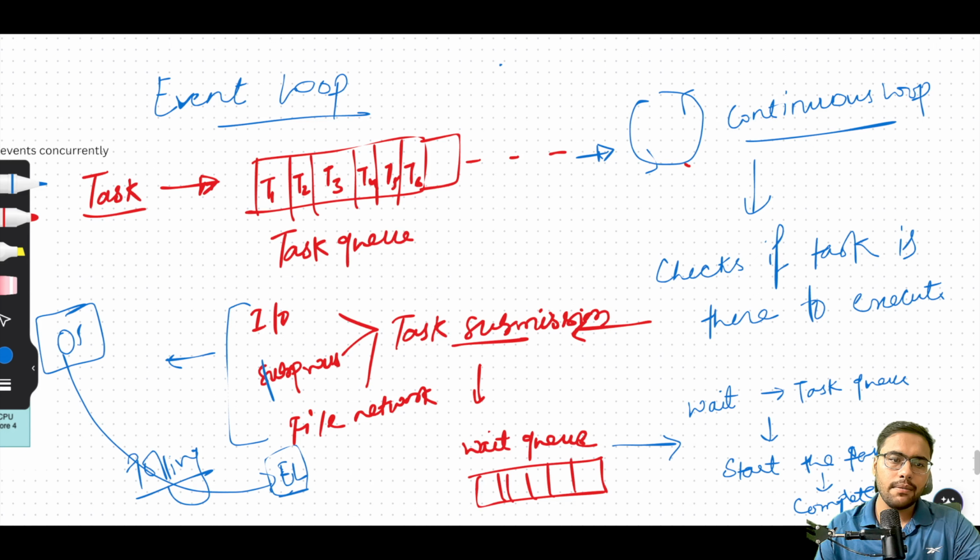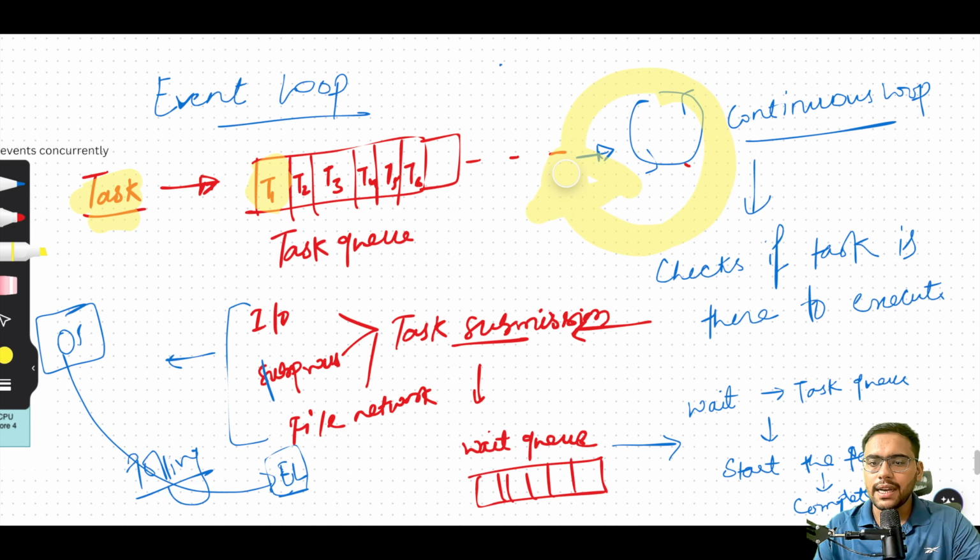A new task will come, and the task will get added into the queue. The event loop keeps on checking whether there is a new item or not. If the task is there, it will go into the task submission list.